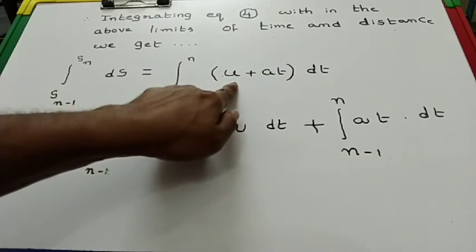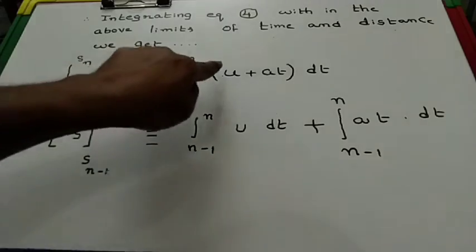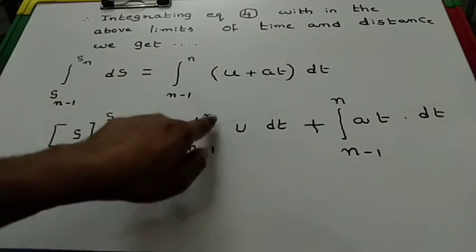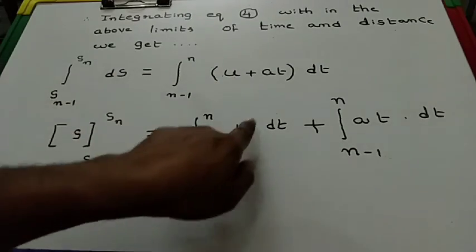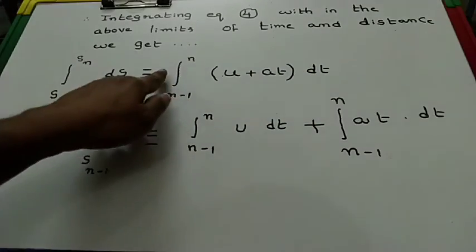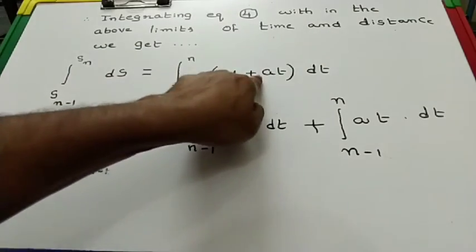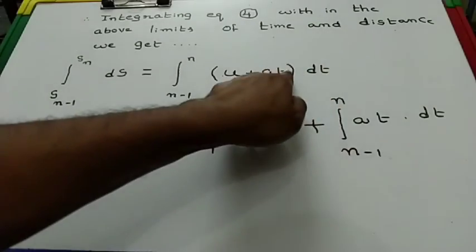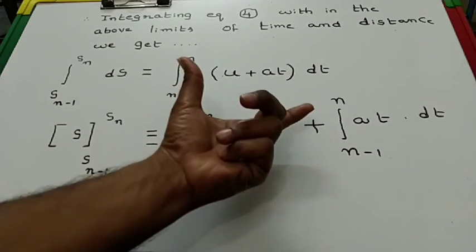That means integral n minus 1 to n, u into dt, plus integral n minus 1 to n, a t into dt. So this term we have divided individually.